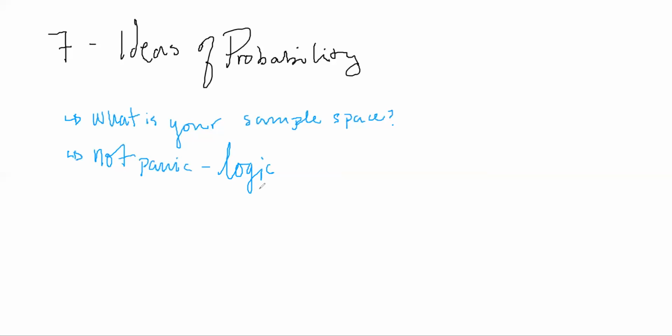If you run into a problem and you're not sure what to do with it, you're not sure, is there a rule that you're supposed to use? Basically, what I would recommend you do is you stop, you ask yourself, what does the question want? What are you looking for?